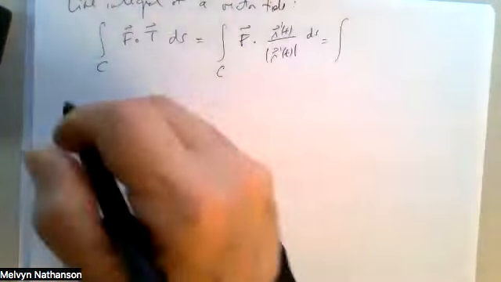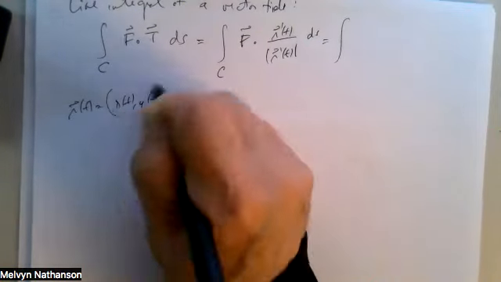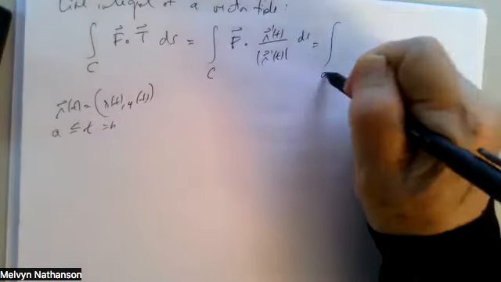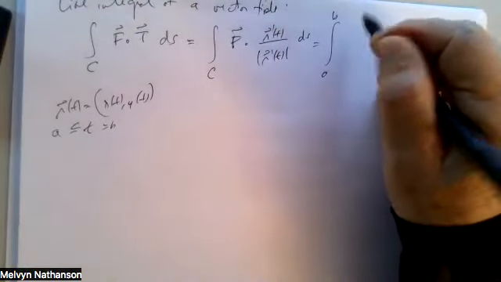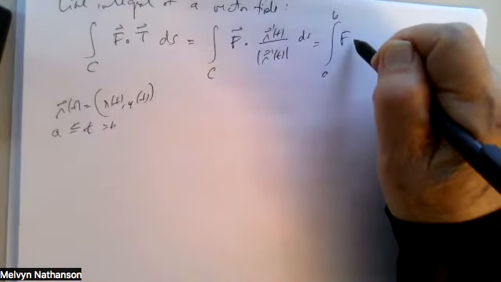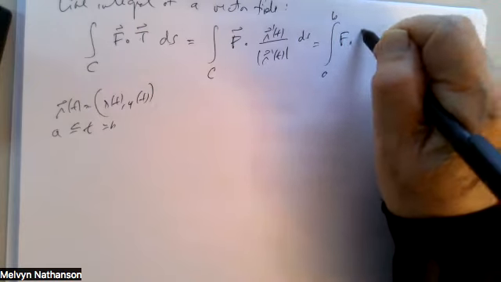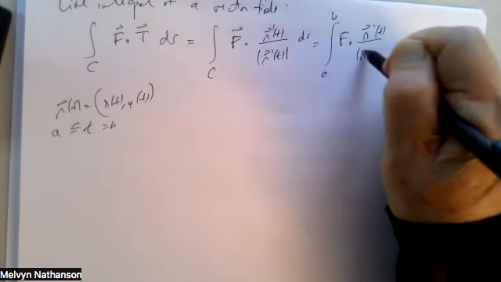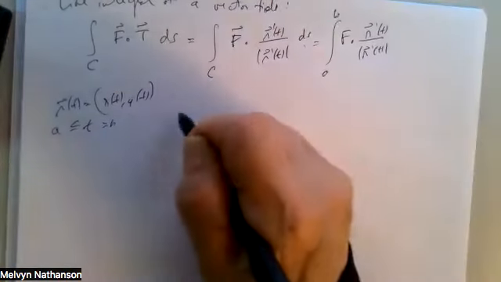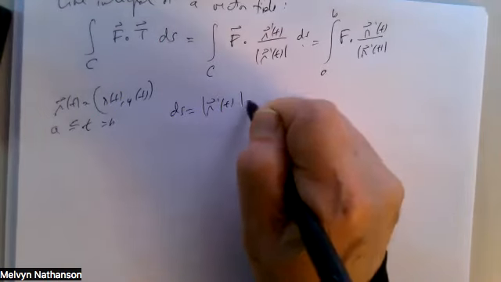If r of t is given by x of t, y of t, for t between a and b, this is the integral from a to b of F dot r prime of t over the length of r prime of t ds, but we saw that ds is the length of r prime of t dt.